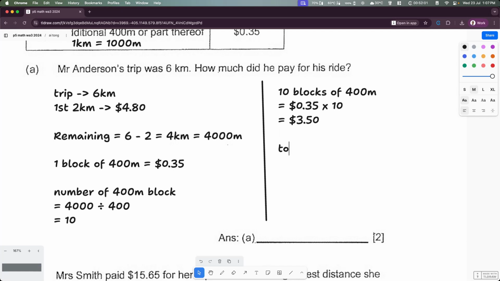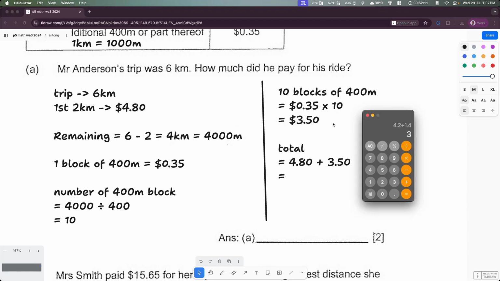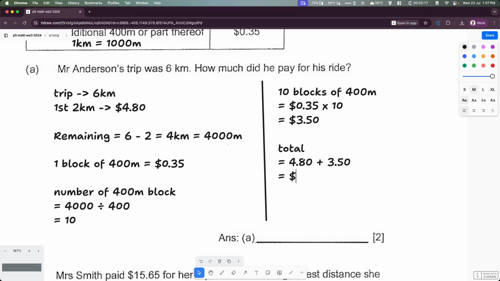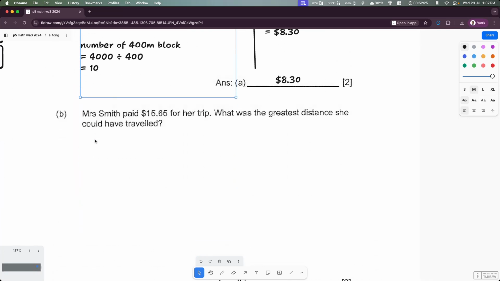So total is equal to 4.80 plus 3.5. We can use our calculator, 4.8 plus 3.5. This gives us $8.30. Therefore, this is $8.30.